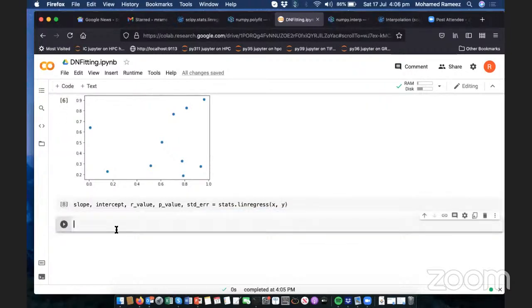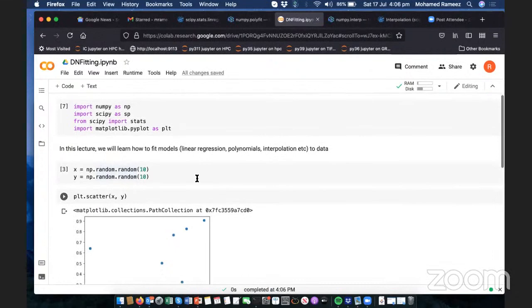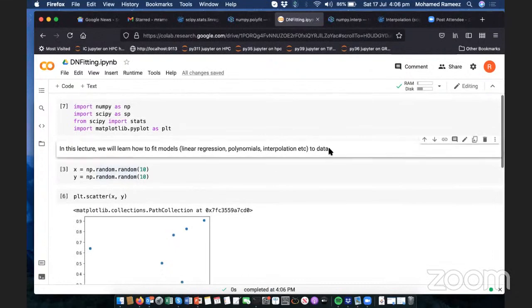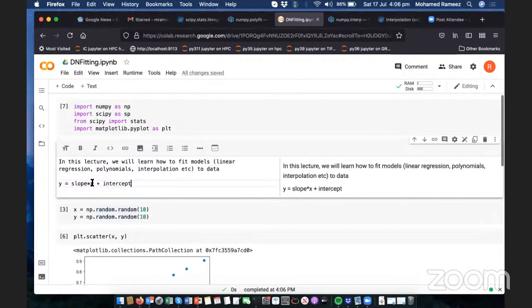So let us now examine what the slope is. What I mean by a slope is that you can in principle write any line in Cartesian coordinate geometry as y equals slope times x plus y intercept. So now if x has the value of 0, then the value of y is your intercept.